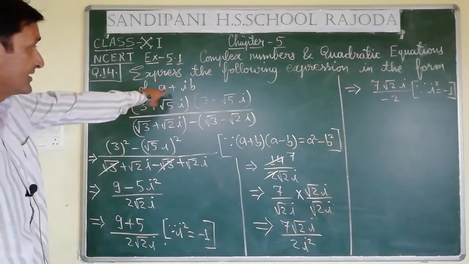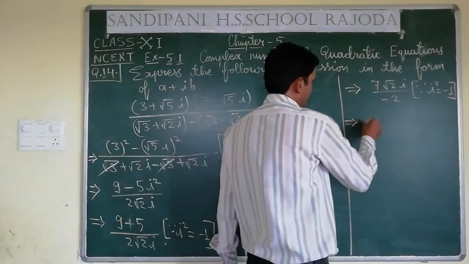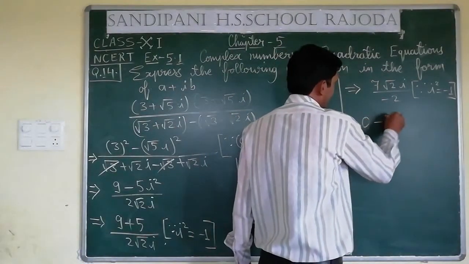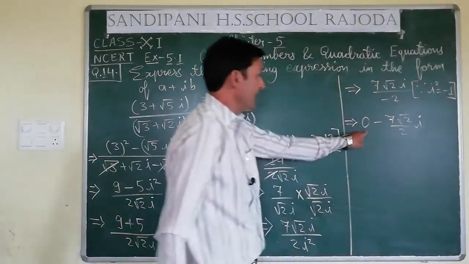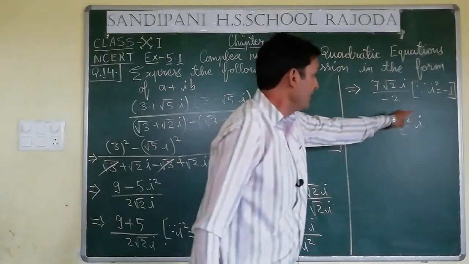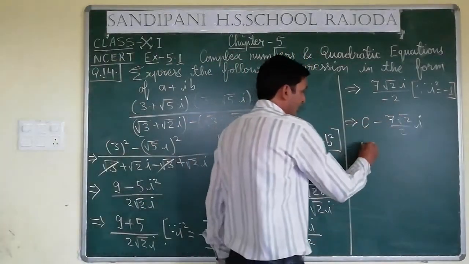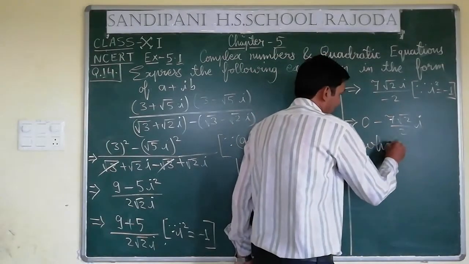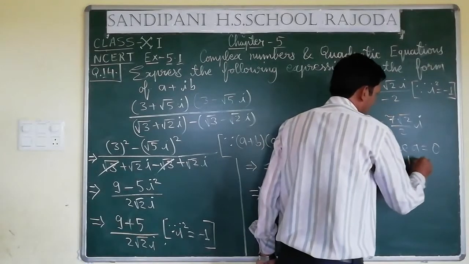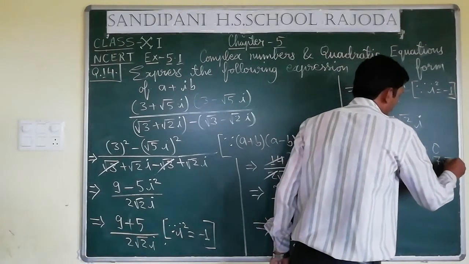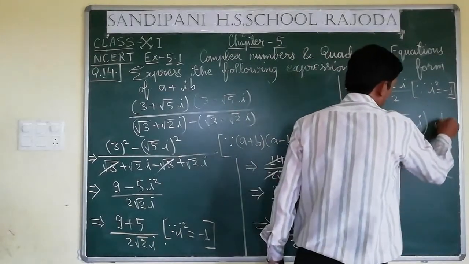That we have to express it in the form of a plus ib. So here we have to write 0 minus 7 root 2 upon 2i, because here the real number is 0 and only the imaginary number is given according to the solution. So we may mention here that a is equal to 0 and b is equal to minus 7 root 2 upon 2, and we may express the answer here only.